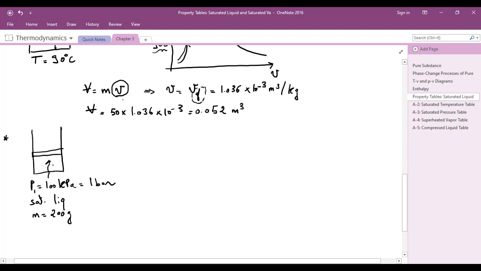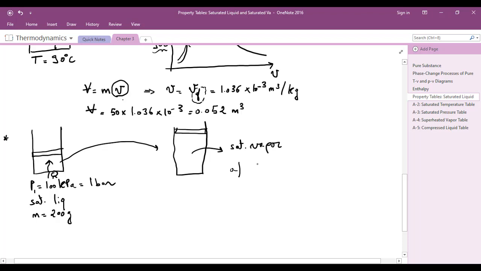Heat is added until all the water is converted to saturated vapor. First we need to calculate the change in volume V2 minus V1.